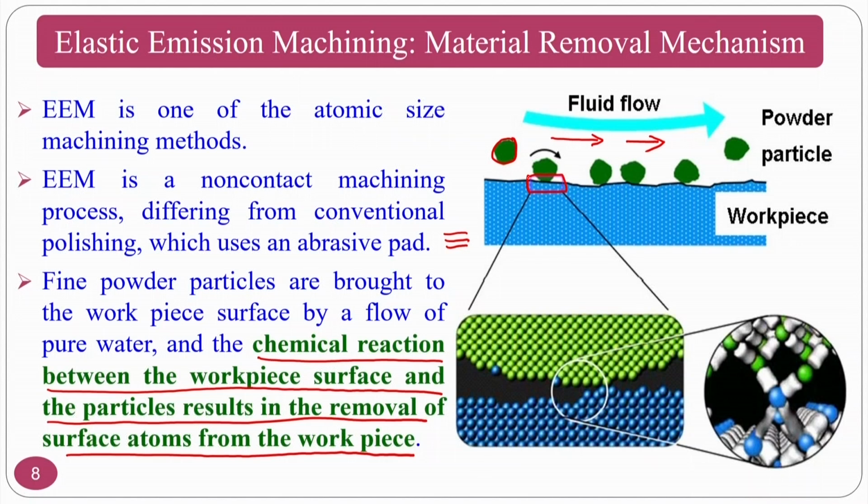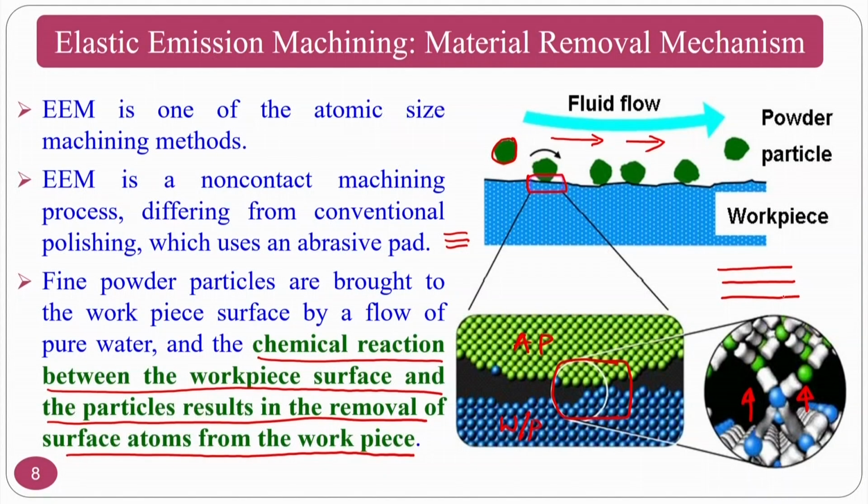If you see here, this is the abrasive particle and this is the workpiece material, and there will be a contact here, and this particular contact makes a chemical contact and takes away the material atom by atom. Okay. In these circumstances, the material is removed atom by atom by chemical action, not by mechanical abrasion or scratching or shearing action, because of which you do not find any type of shearing marks or feed marks like this.